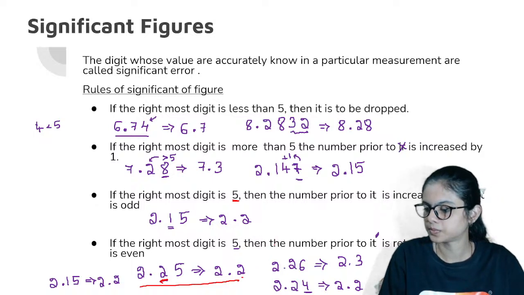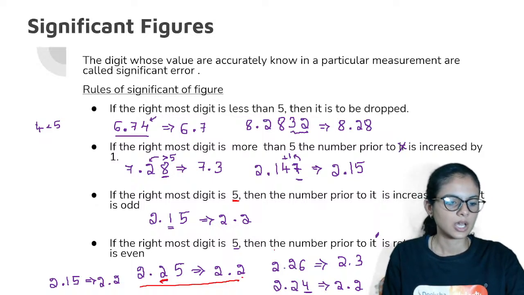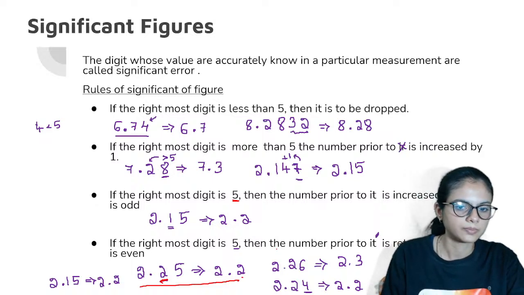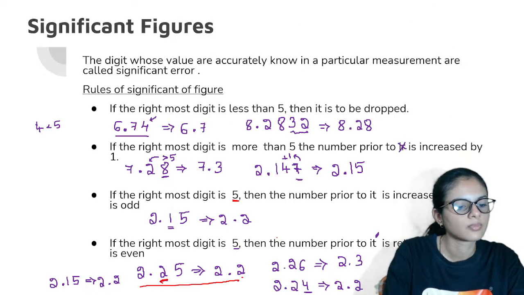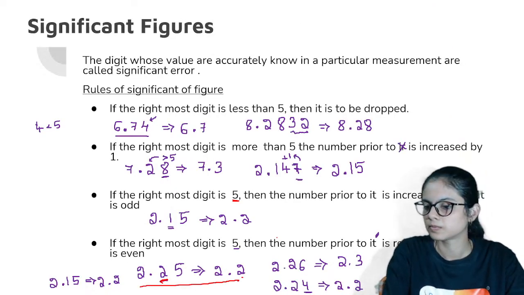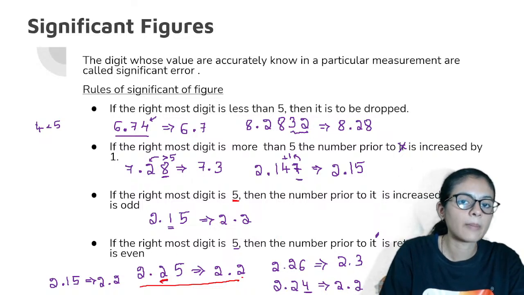Is that clear? Any question? Any doubt? If you have any doubt, you can ask. Is there any doubt or is it clear with this? Tell me quickly. So this is actually called the rules of approximation.